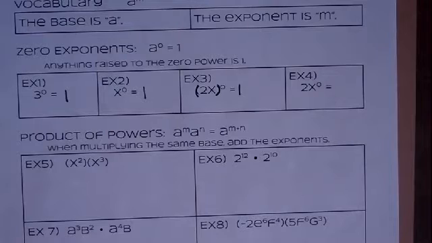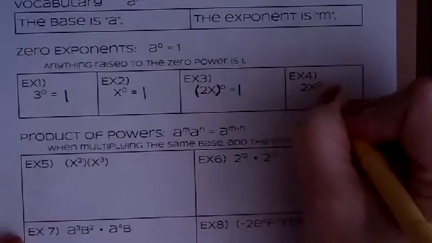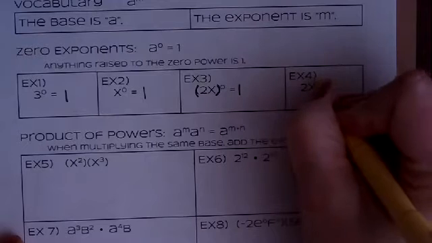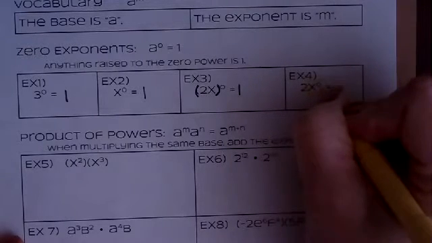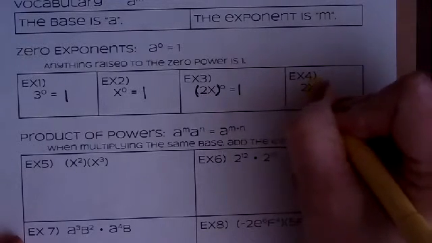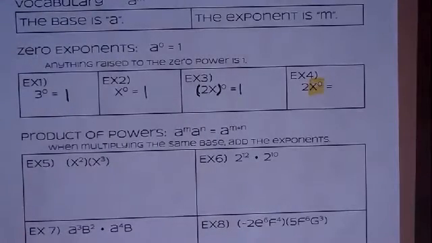Okay. Now, example 4 though is different. Look at example 4. What do you notice is different about it from example 3? Well, here's the catch. Because there is no parentheses, that 0 power only goes with the x.